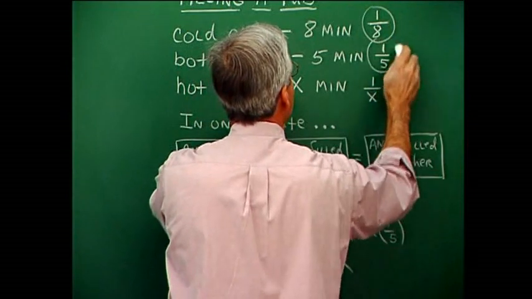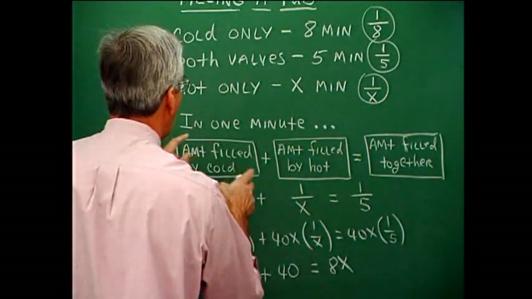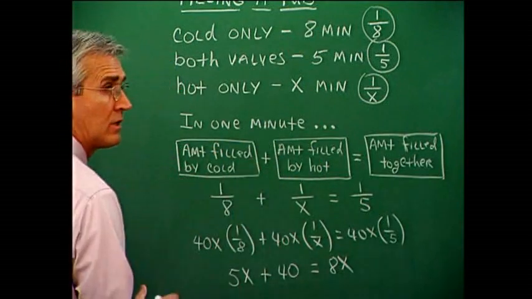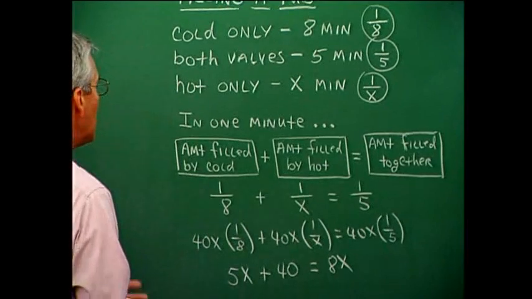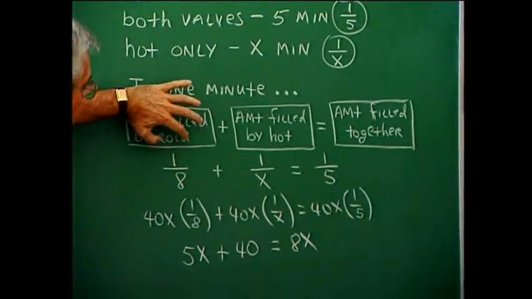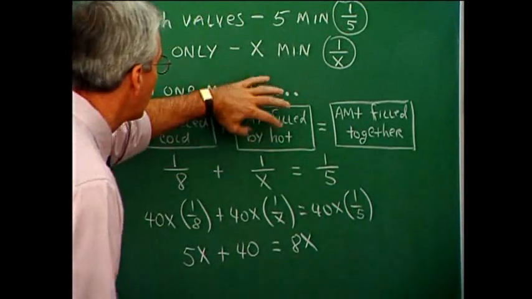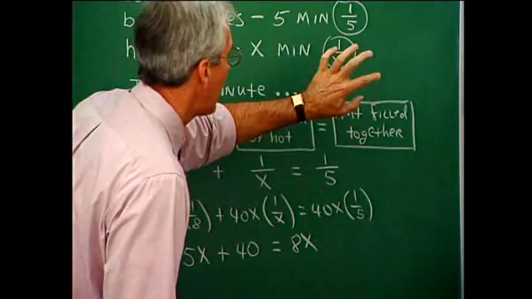All right, these are key elements when we start to build the equation according to what's going on in 1 minute. You see, in 1 minute, here's the way we're building the equation conceptually. The amount of the tub filled by the cold water valve plus the amount of the tub filled by the hot water valve is the amount filled when they work together.